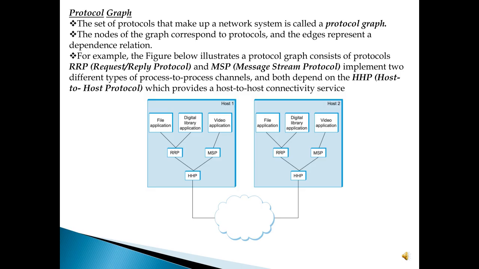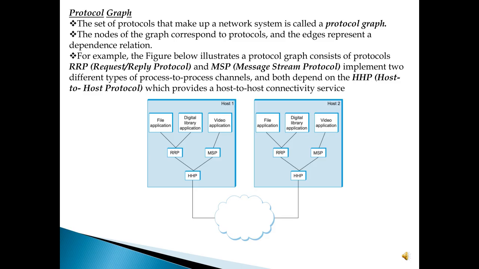The video application is a kind of message, so that particular video is part of MSP. Now, when RRP and MSP are both initiated, they combine together and go to the HHP.